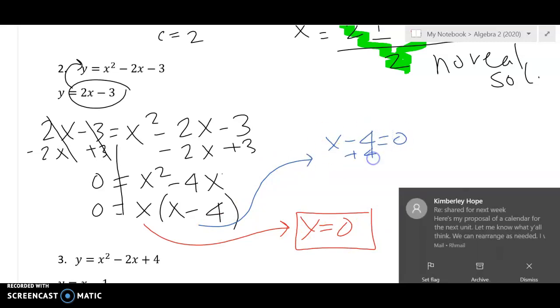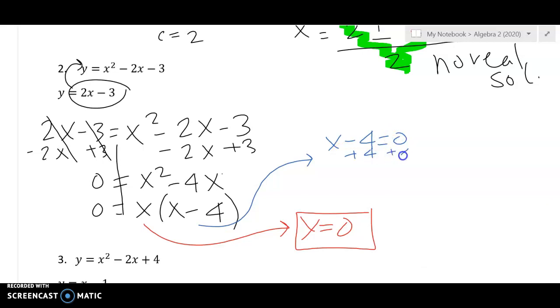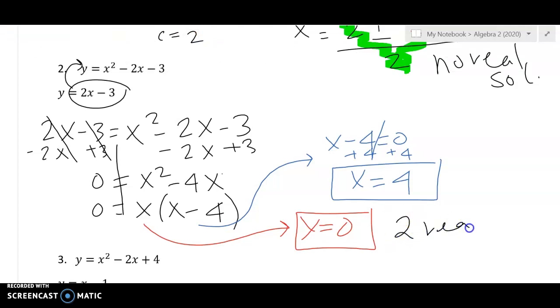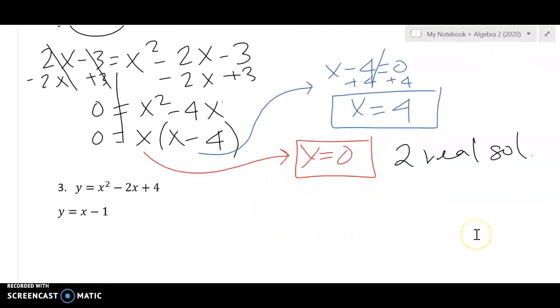I need to add 4 to the other side, and I would have x equals 4. And that's my other answer, which these are just normal numbers, right? No i's, nothing like that. I have x equals 4 and x equals 0. That means I have two real solutions. If I were to graph this, I could actually see the two places where they cross.